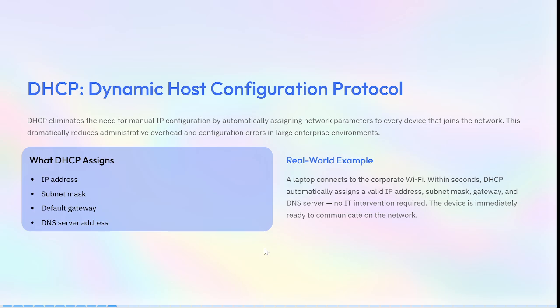So if there is no DHCP, the admin has to go to each and every machine and assign the IP address. That is one drawback, and there are also manual errors, meaning he can assign one IP address here and another IP there.